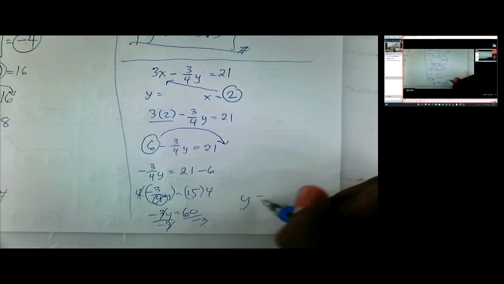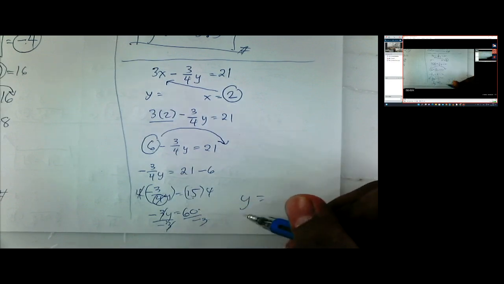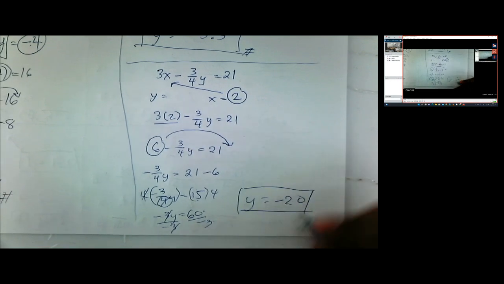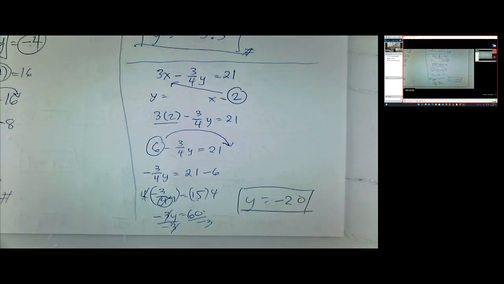And so, y is equal to 60 divided by negative 3, which is equal to negative 20. Okay? Understand?